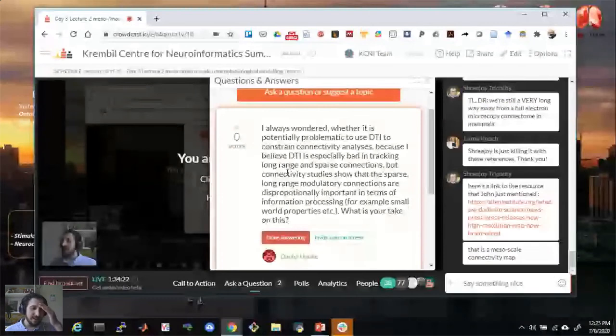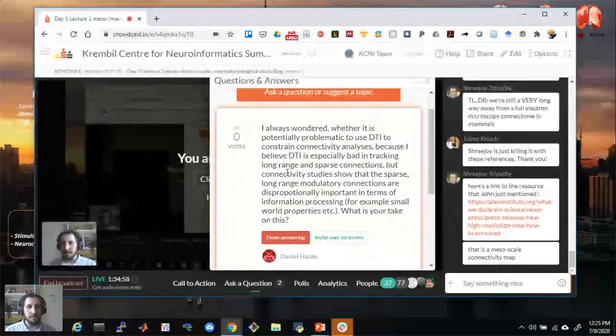Right. This is a really great question. It really depends what you think is the importance of sparse long-range connections. So it is true that, and it's diffusion, not DTI, diffusion-weighted MRI tractography doesn't do a great job with long-range connections, and particularly long-range connections that traverse areas that have crossing fibers and traverse the corpus callosum, for example.